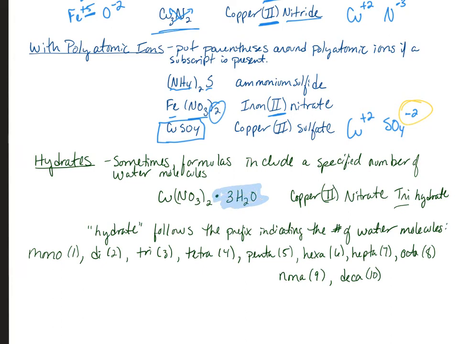So how we tell people how much water you have there, you just use the normal prefixes like mono, di, tri, tetra, penta, hexa, hepta, octa, nona, and deca for 1 through 10. So we would say copper 2 nitrate, and then we say this little extra bit because it's combined with water. Tri, because there's 3 waters, hydrate. Hydrate meaning water.